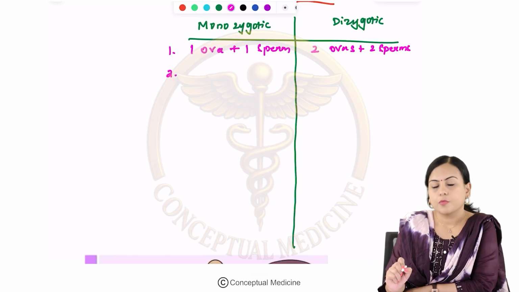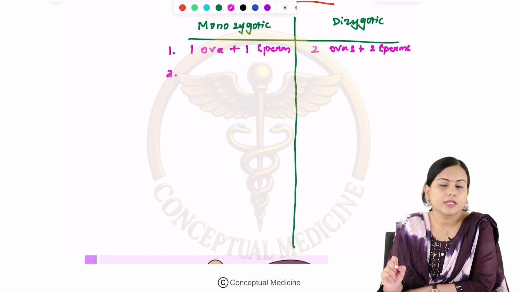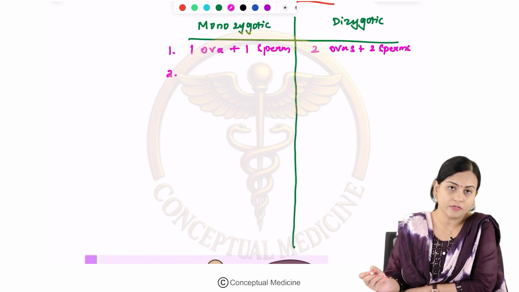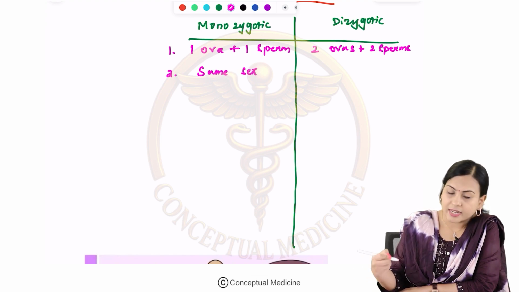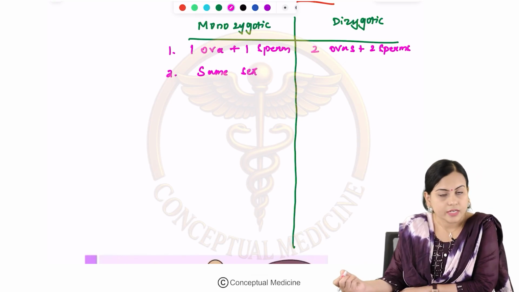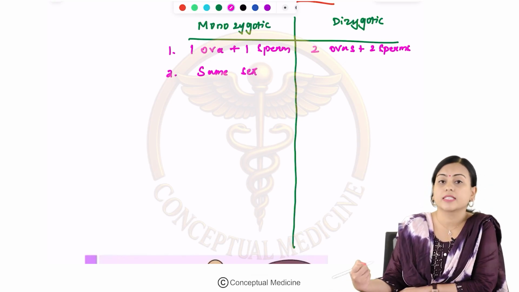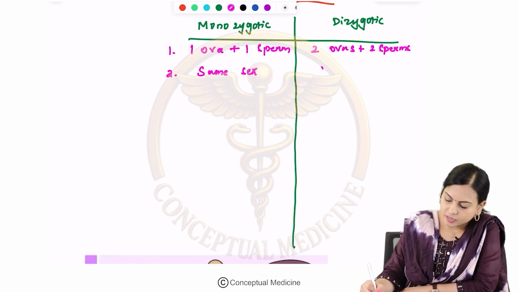Second one, in monozygotic twins mostly we will get the same sex of fetus. Okay. So same sex gender, whereas in dizygotic the gender of the fetus can be same or it can be different also. Okay, so the sex can be same or different.